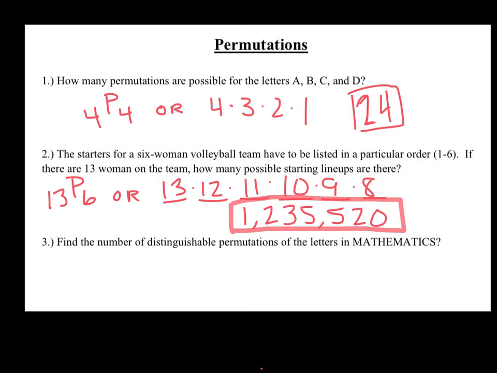And number 3, it says find the number of distinguishable permutations of the letters in mathematics. So the first thing when we're trying to find permutations or arrangements of given letters in a word, the first thing you want to do is list out the number of times each letter appears. So like the letter M occurs twice.